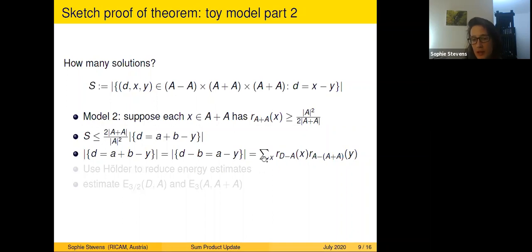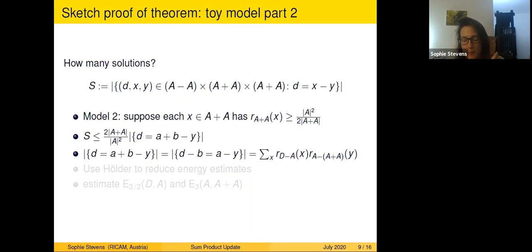It's summing over X and counting the number of ways that X can be written as the left-hand side, and this should be an X, times the number of ways that X can be written as the right-hand side.